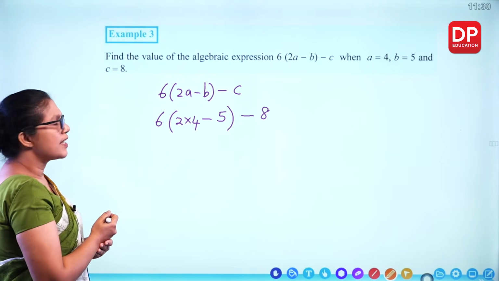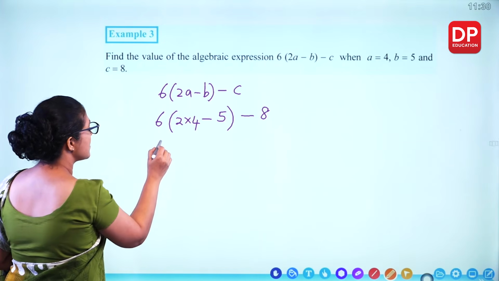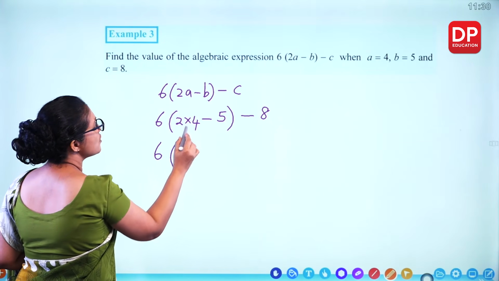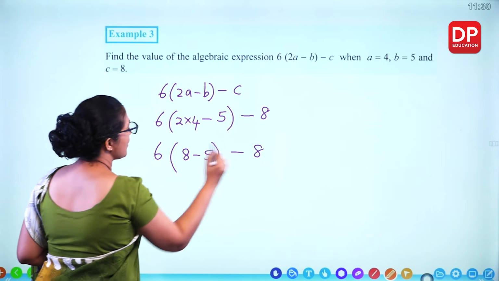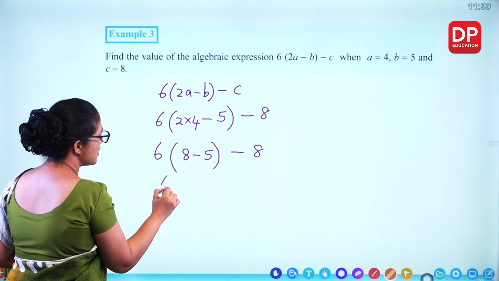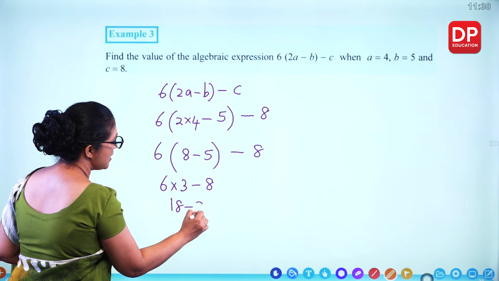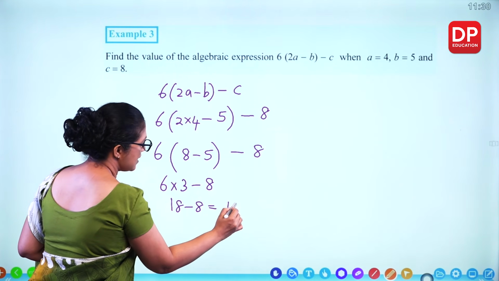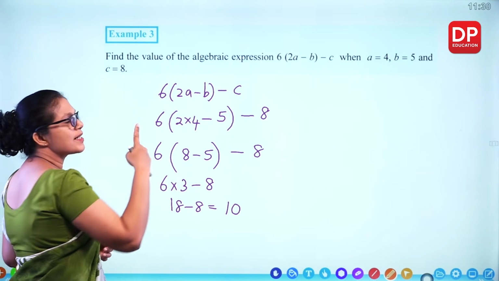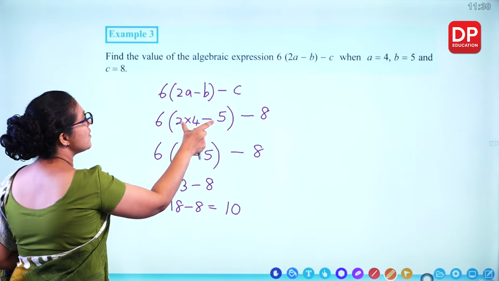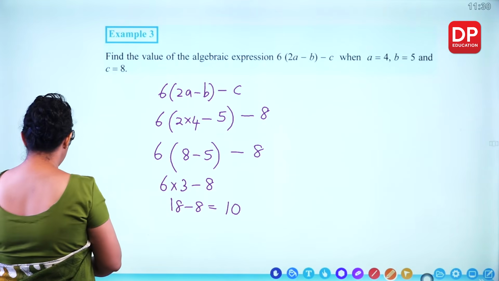So what we do, we can either simplify inside and then multiply by 6. 2 times 4, 8. 8 minus 5 is 3. So 6 times 3 minus 8. 18 minus 8, that's 10. You can do open brackets and then simplify, or first do inside brackets and then multiply by 6.